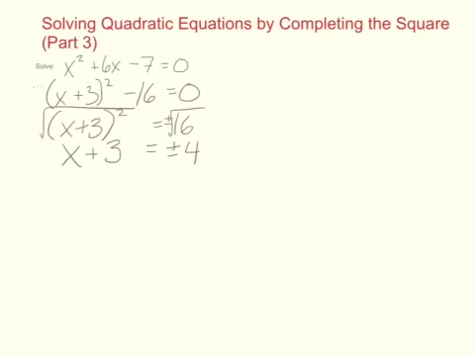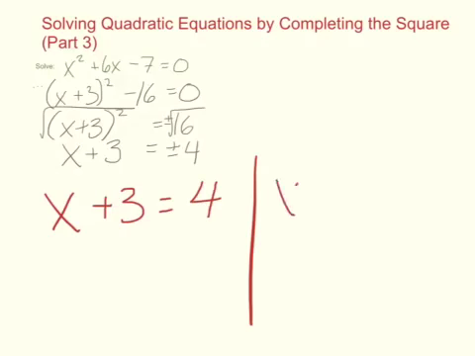So there are 2 cases at this point. We could have x plus 3 equals 4, so that's the positive side. Or the other option is x plus 3 equals negative 4. We had those 2 cases starting on the line above; just to save space, I wrote it with the plus or minus instead of breaking it up into 2 options right away.